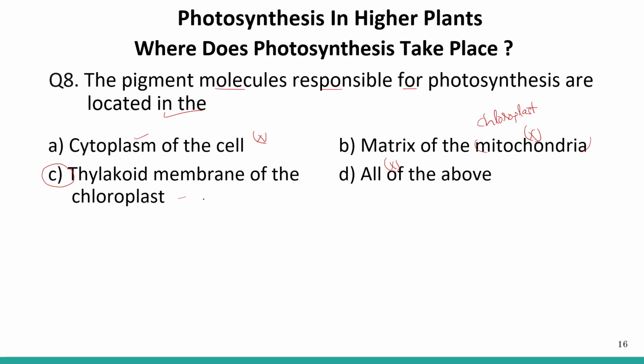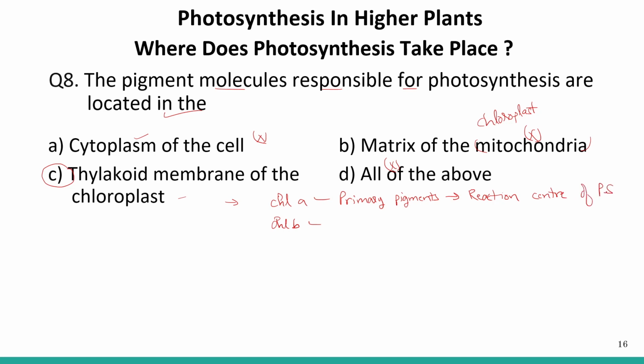So the pigment molecules. What are photosynthetic pigments? Pigment molecules like chlorophyll A, then we have chlorophyll B. Chlorophyll A is the primary pigment which forms the reaction center of the photosystem.